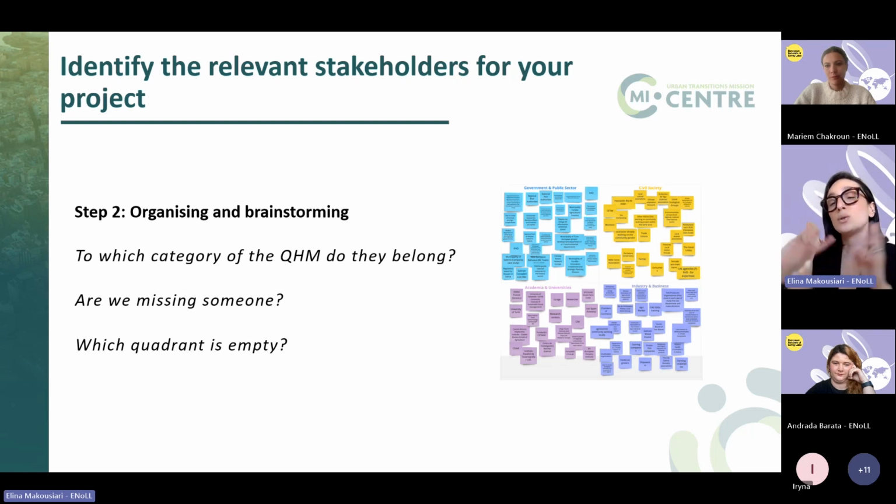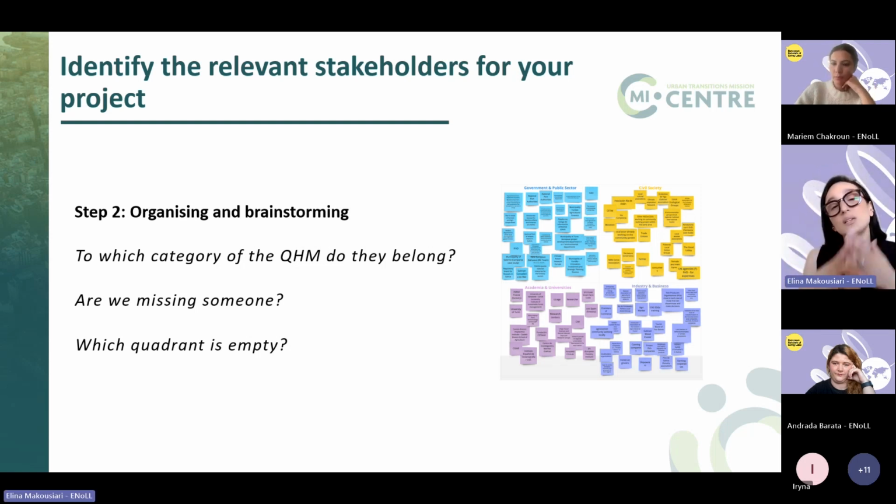Try to see to which of those types the stakeholders you identified belong. There is a high chance many of you will come up with the same stakeholders, so we will also move things around the board to group them into the quadruple helix model. Then we will open up the floor so you can discuss with each other and see the end result of the quadruple helix model, and whether any quadrant is empty, or whether any last-minute stakeholders are missing that you would like to add before going into the next step.